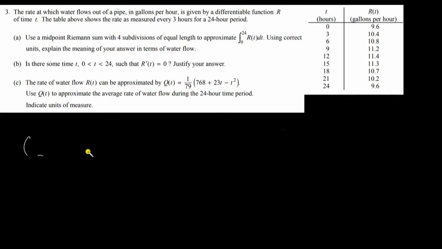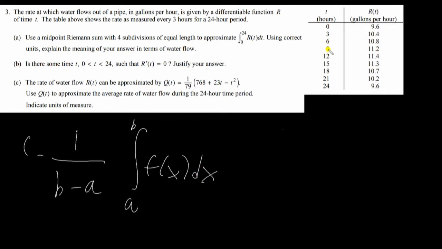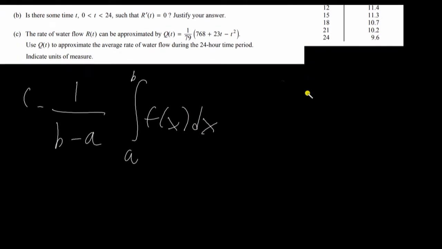The average value of a function, for a general function, is 1 over b minus a times the integral from a to b of f of x dx. In our specific case, we want to approximate the water flow during the 24-hour period, so we're starting at t equals 0 and going to t equals 24.